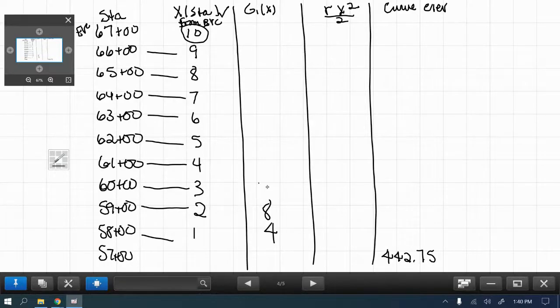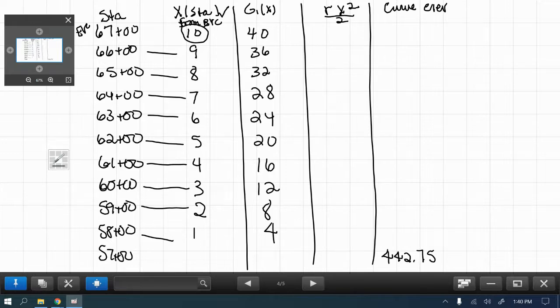I was thinking 8. 12, 16, 20, 24, 28, 32, 36, and 40.